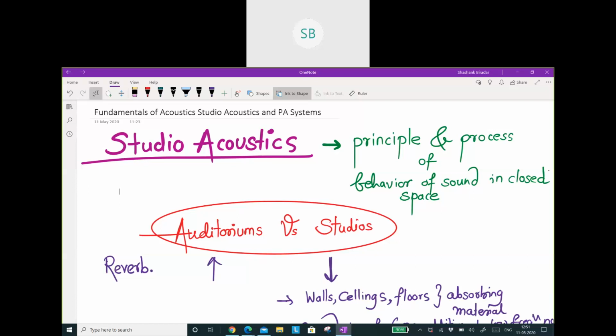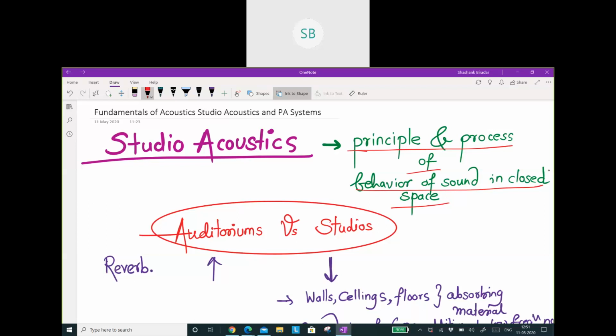less. Okay, so studio acoustics is mainly emphasizing the principle and the process of behavior of sound in enclosed space. So on which factor are we mainly focusing? The principle and the process of behavior of sound in a closed space. Am I right?